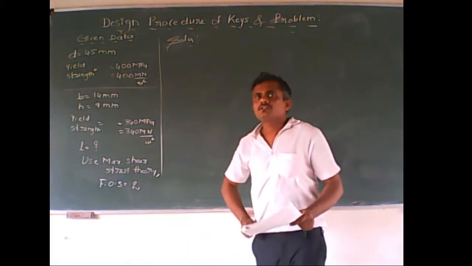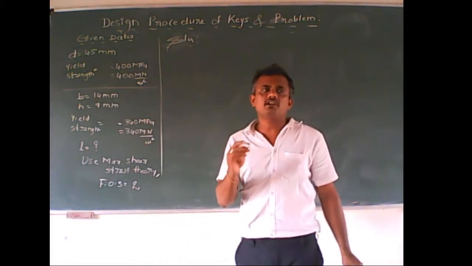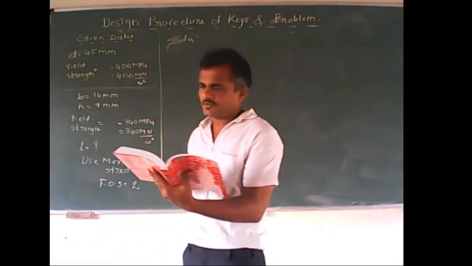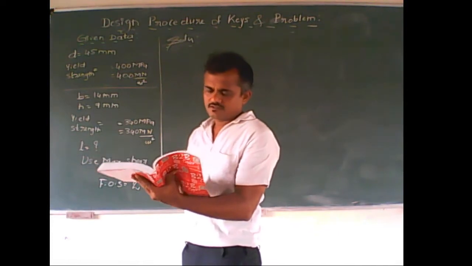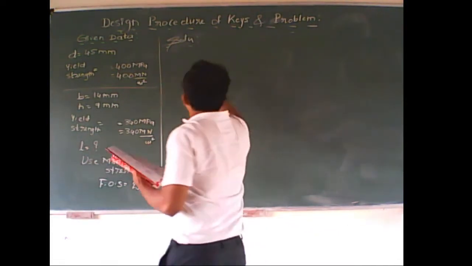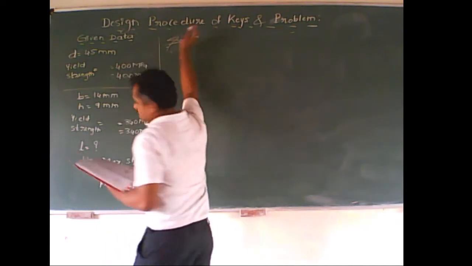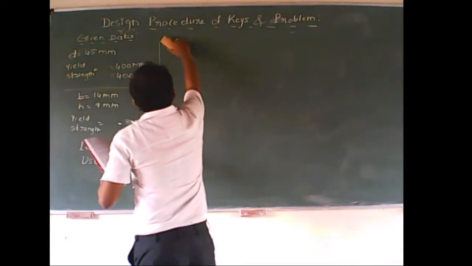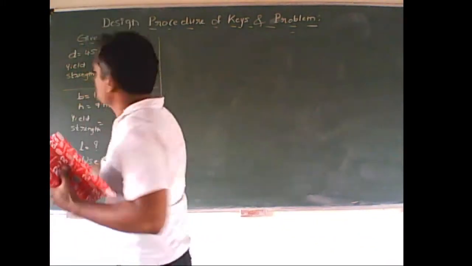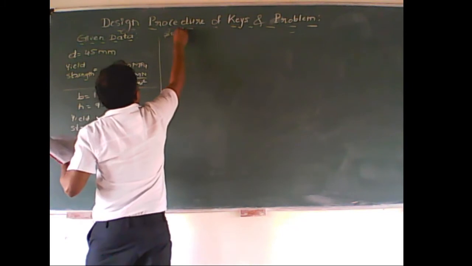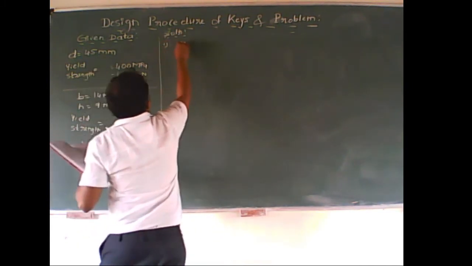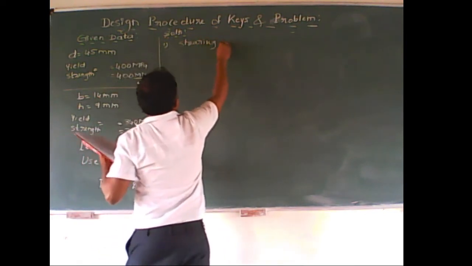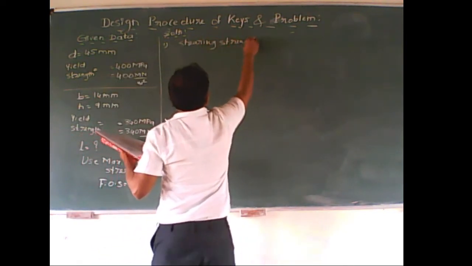Now in this, first straight away use the equation and write it properly. I can use the data book, page number 62. In the solution, first one is considering shearing strength.